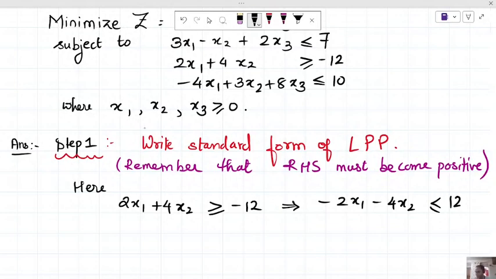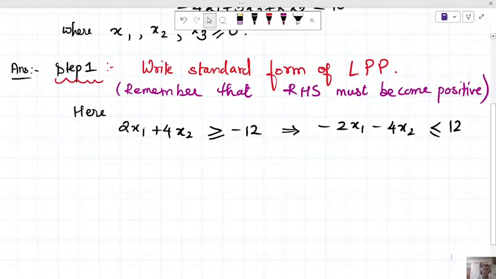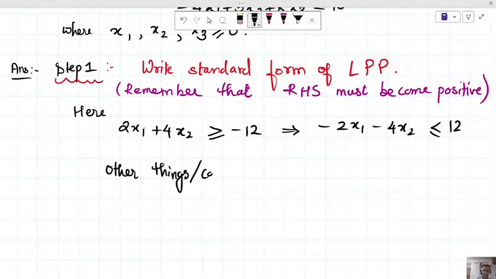This is one nice thing that we can make out. Other conditions remain same.